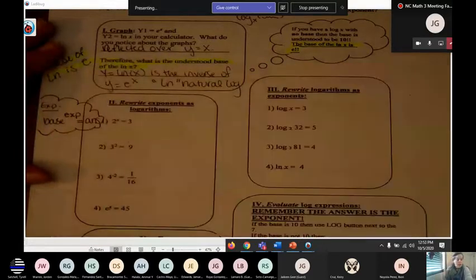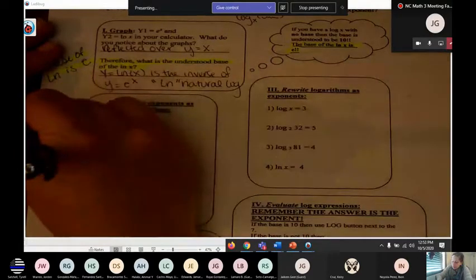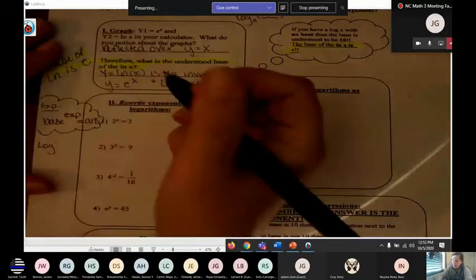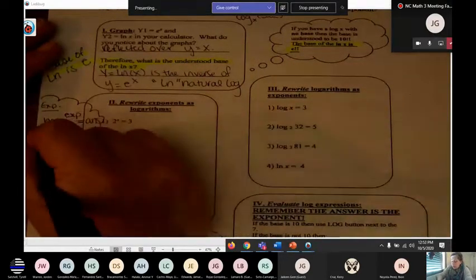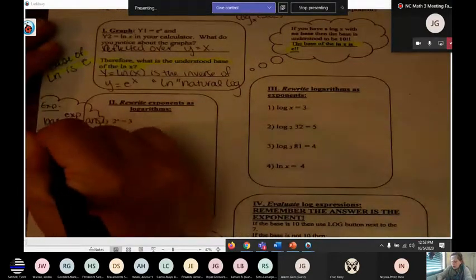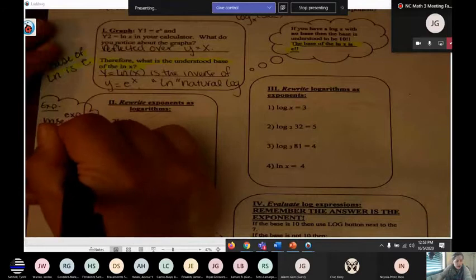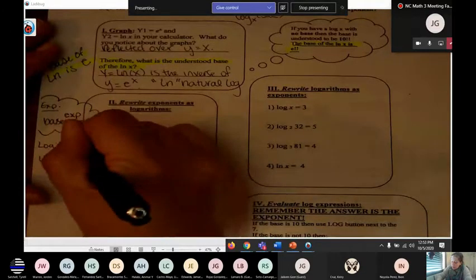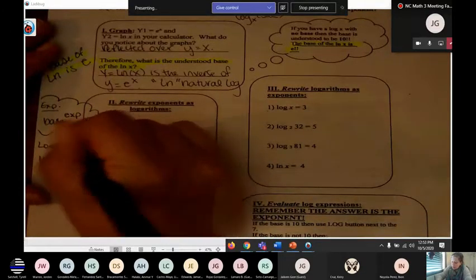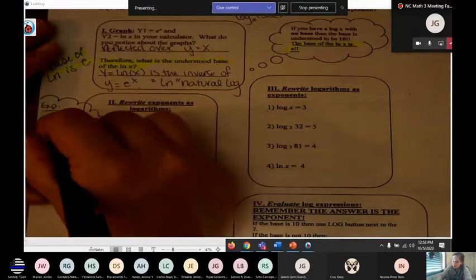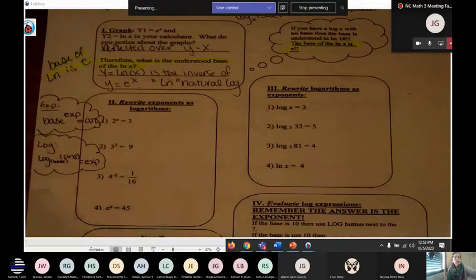Now a logarithm is going to be written so we have a log with a base. The answer goes on the inside, and it's equal to our exponent. Okay, so this is the stuff for our logarithms. I'm going to highlight these 3 different parts so that you guys can see how they're rearranged.